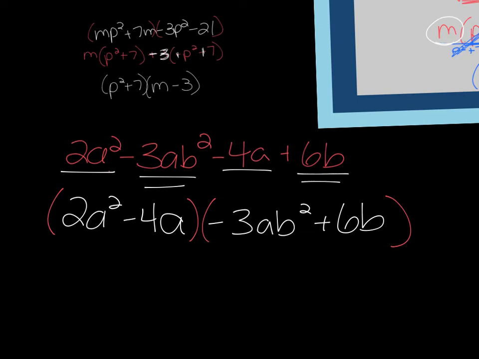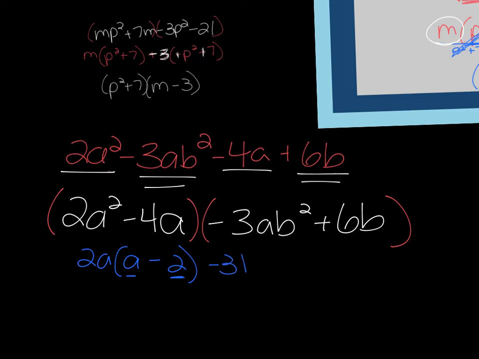From that first set of parentheses, what can I take out? 2A. From that second set of parentheses, I can take out a positive 3b, but pay attention because this might help you later. I obviously want the first one to be positive and the second one to be negative, which would help me take out a negative 3. Good.